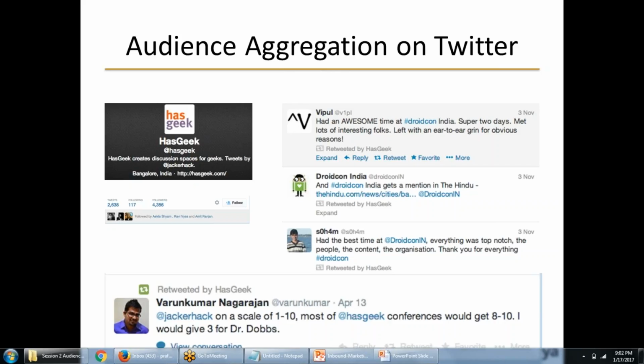That means all the followers of HasGeek will now understand that DroidCon India was fabulous. Then DroidCon India writes once again, hashtag DroidCon India gets a mention in the Hindu. HasGeek has done a retweet. So all the followers of HasGeek will see that DroidCon India is now in the Hindu.